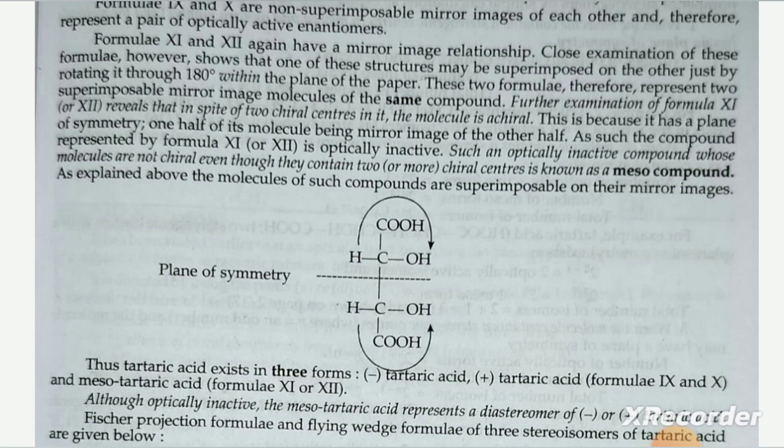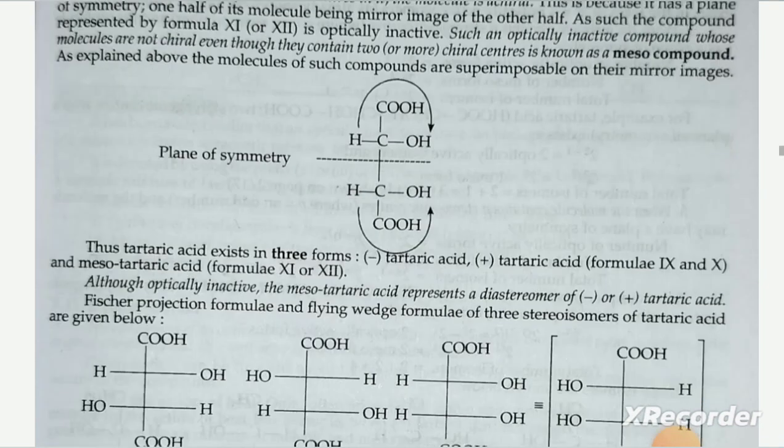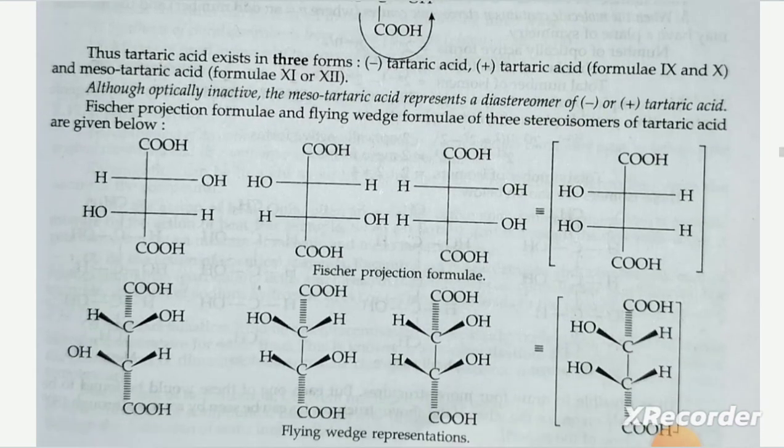As explained above, the molecules of such a compound are superimposable on their mirror image. Thus, tartaric acid exists in three forms: minus tartaric acid, plus tartaric acid, formulas 9th and 10th, and meso tartaric acid, formulas 11th and 12th. Although optically inactive, meso tartaric acid is a diastereomer of minus and plus tartaric acid. Fischer projection formula and flying wedge formula of the three stereoisomers of tartaric acid are given below.